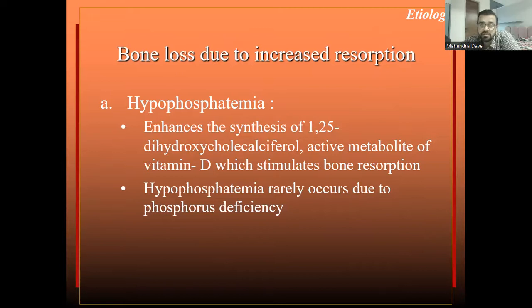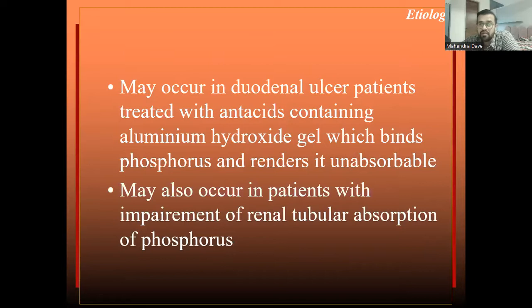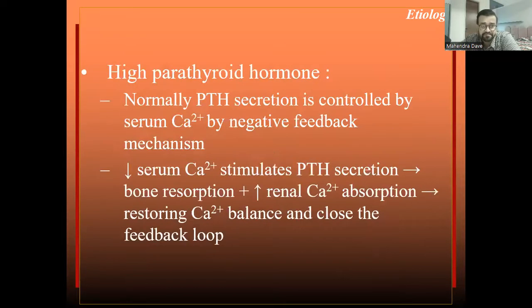Hypophosphatemia rarely occurs due to phosphorus deficiency. It may occur in duodenal ulcer patients treated with antacid containing aluminum hydroxide gel, which binds phosphorus and renders it unabsorbable. It may also occur in patients with impairment of renal tubular absorption of phosphorus.